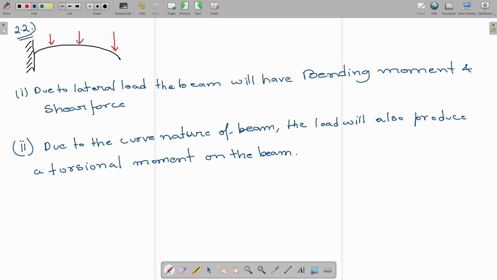Okay, this is the lateral load, and this is the curve.